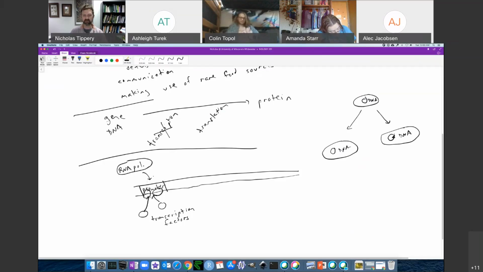So the transcription factors are important for kind of being the middle enzymes in between the raw DNA sequence and then getting this RNA polymerase in there.